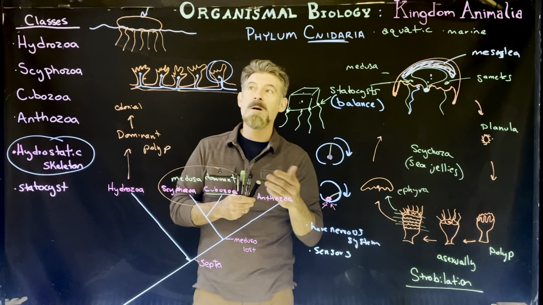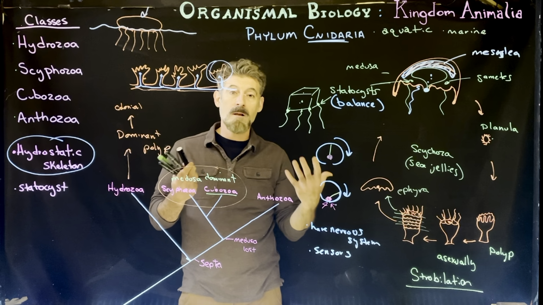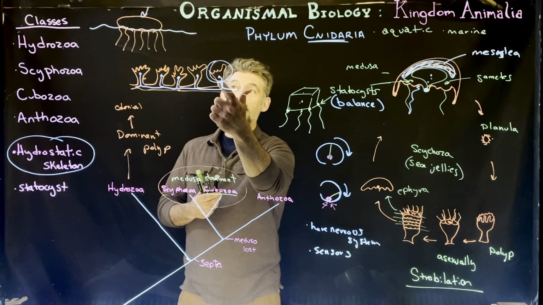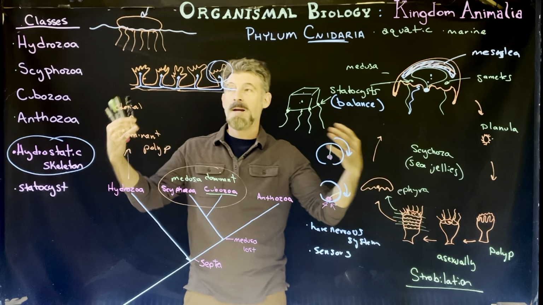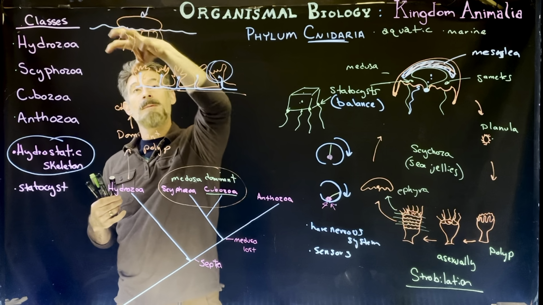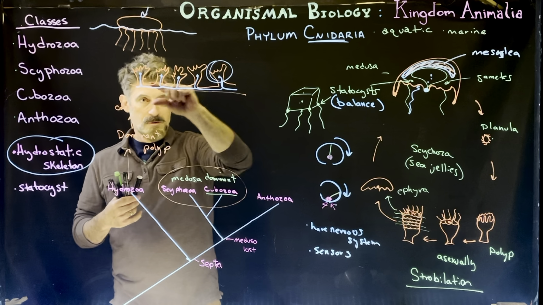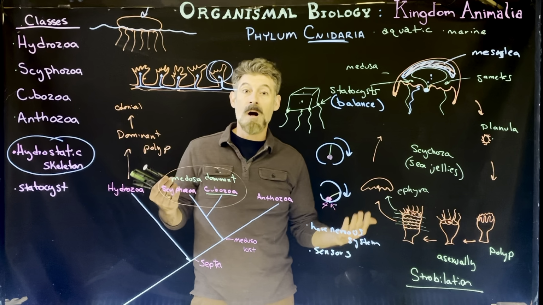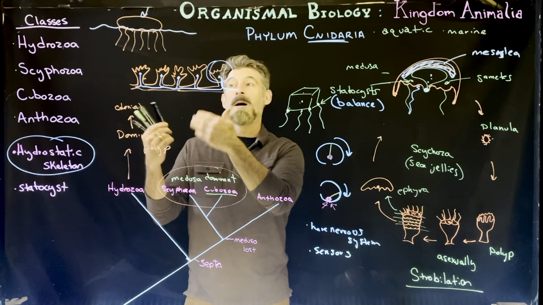But if you look at it really close, you'll find that this is actually just a float. It's hollow. There's nothing inside it except air. So it's actually a polyp that's been highly modified and filled with gas. This gas-filled polyp creates a float, and all these little tentacles are just strings of many, many polyps all along it. So it's a colonial hydrozoan with a float on it.